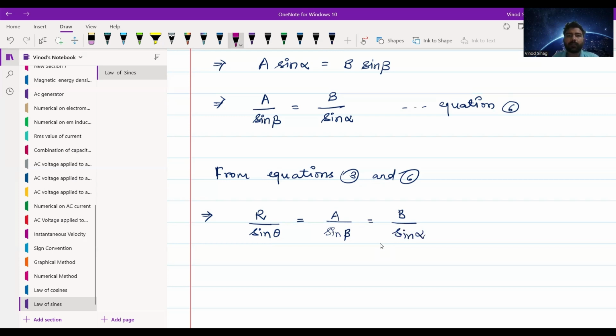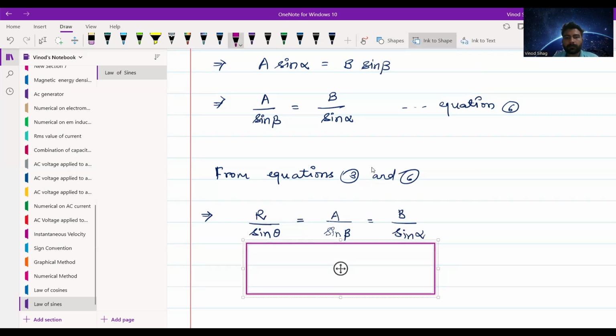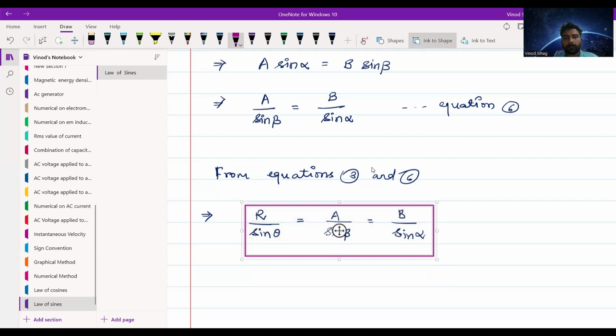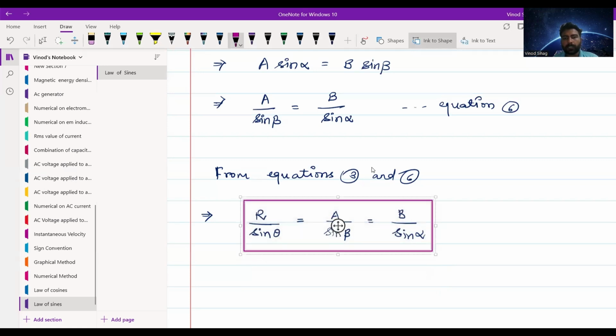And this is the law of sines. This is called the law of sine.